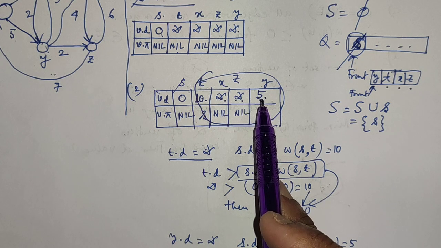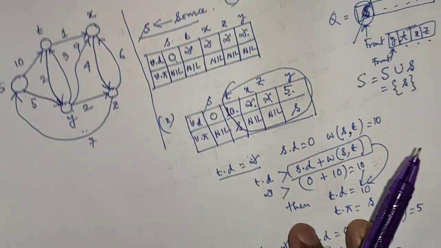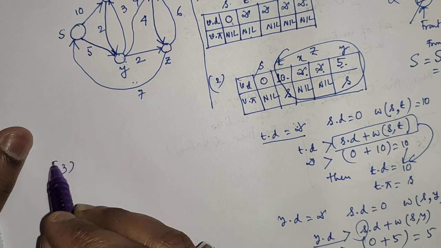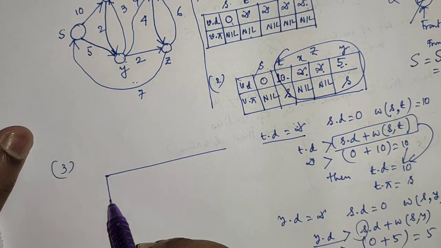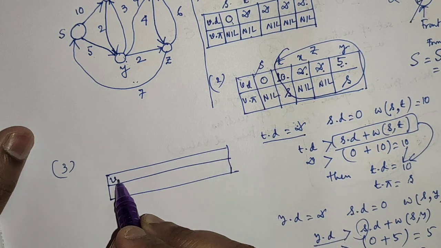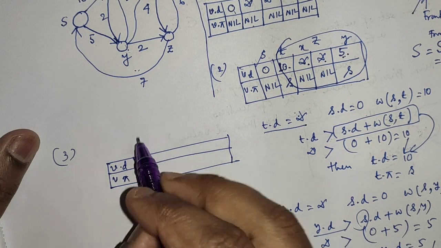Y is the next vertex having minimum d value. Is that clear? Okay, so now you have this table, that is point number 3. Redraw the table first: v.d, v.pi. What are the vertices?